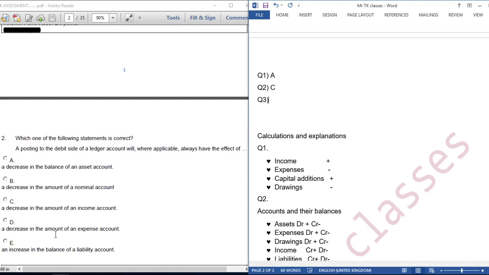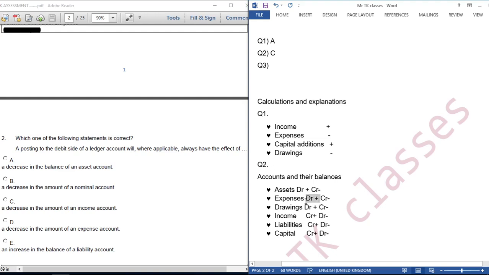A decrease in the amount of an expense account. Let us look at expenses. If we post to the debit, it results in an increase, not a decrease. Wrong. An increase in the balance of a liability account. If we post to the debit side, it doesn't result in an increase. No. So our answer there is C.